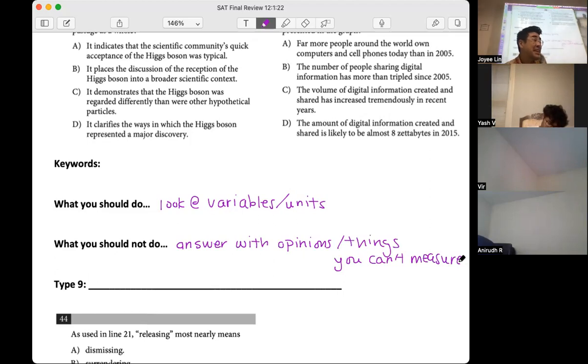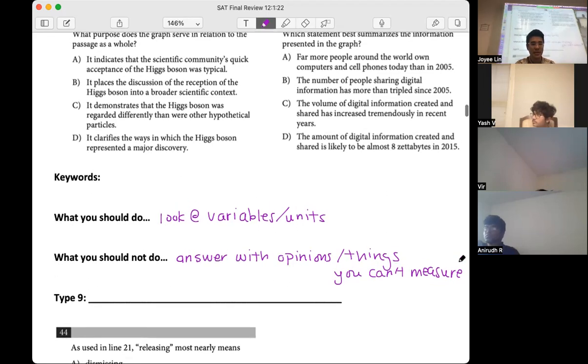How friendly? Anybody think of other things that are hard to measure? How much you care, right? There are kind of ways you could try to measure, like you could do a survey, right? And then it's like, 1 through 5, 5 being I care the most and 1 being I care the least. So it is possible, but most of the time it's going to be a little bit more data driven.